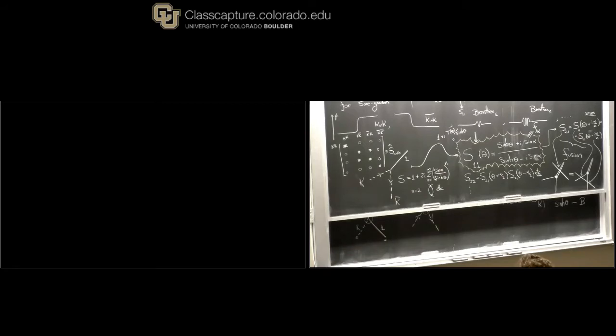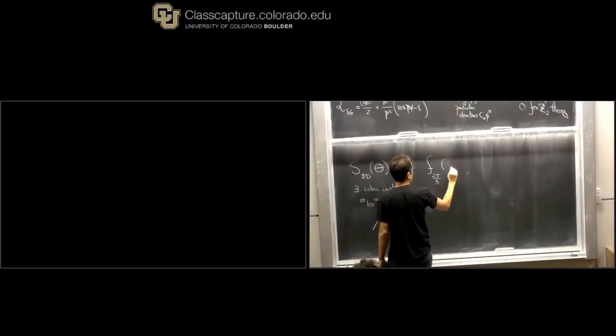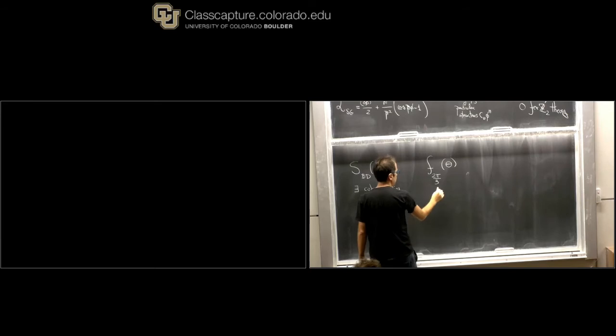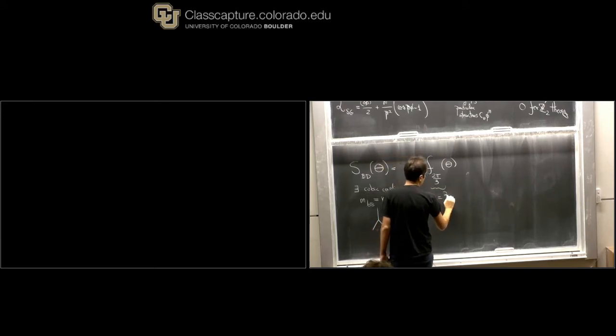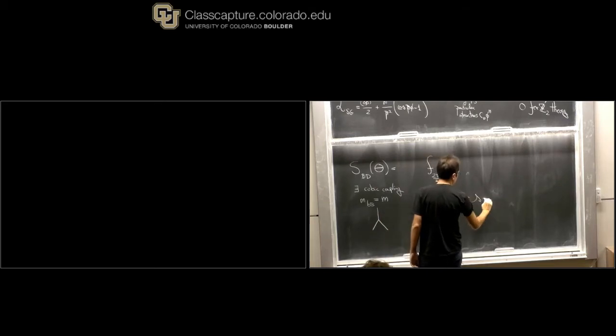So we could try F with parameter 2 pi over 3, of theta. And this 2 pi over 3 is such because when theta equals 2 pi i over 3, this corresponds to S equal to 1.